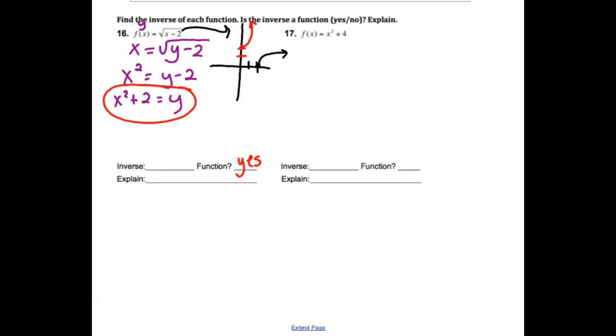I can say that the inverse passes a vertical line test, okay? Or I can look at the original and say it passes a horizontal line test, okay?